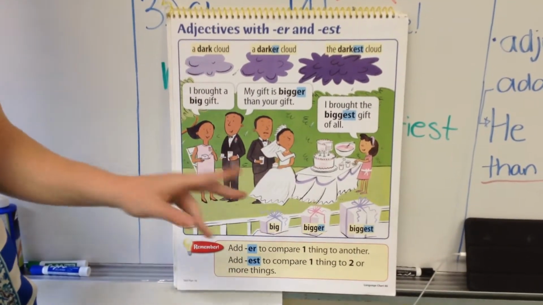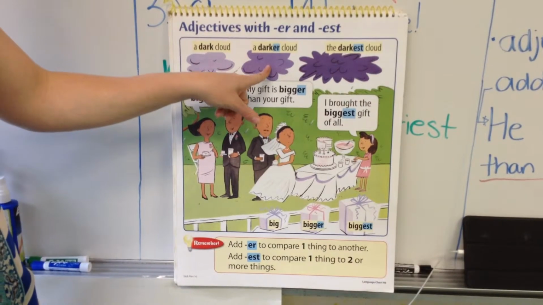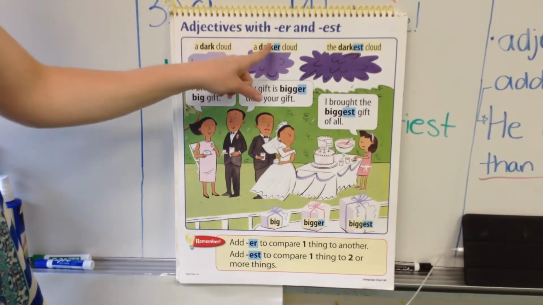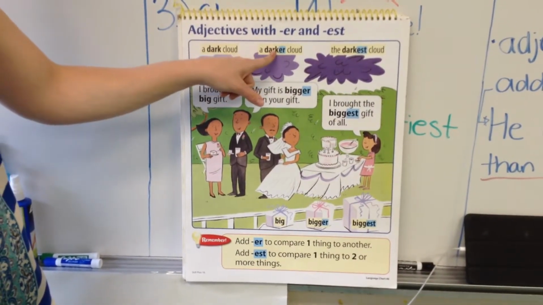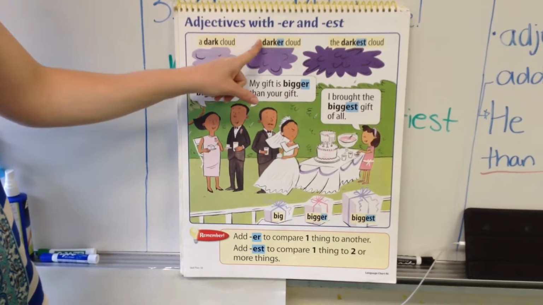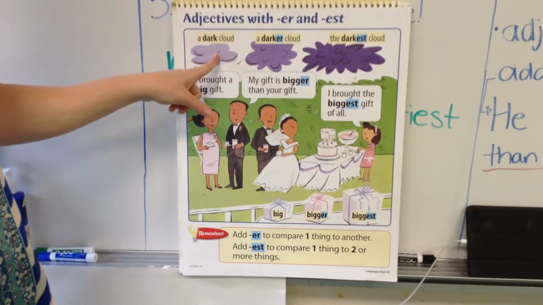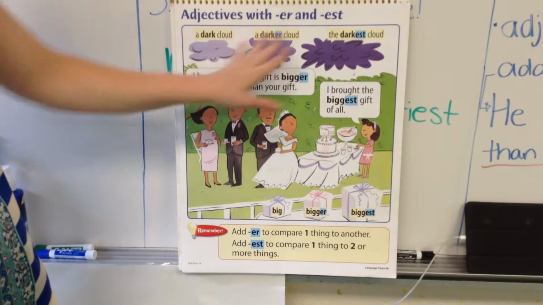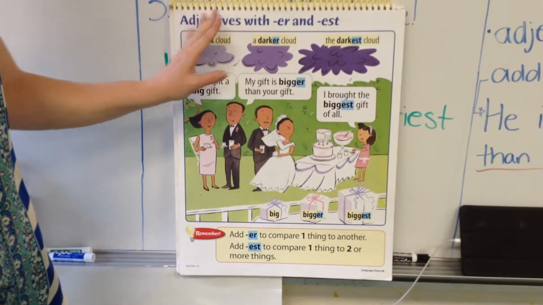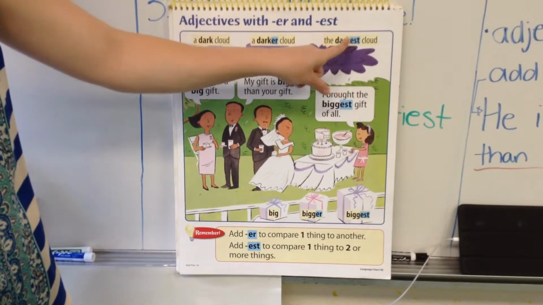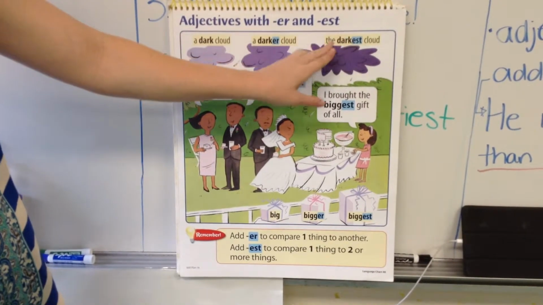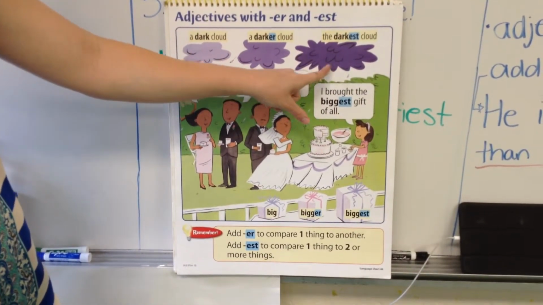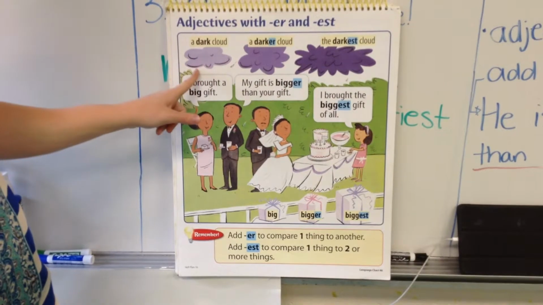Now when we compare two things, this cloud to this cloud, we add ER to the end of our adjective. This is a darker cloud than this one. When we have three objects to compare, we add EST to the end of our adjective. This is the darkest cloud of all three clouds.